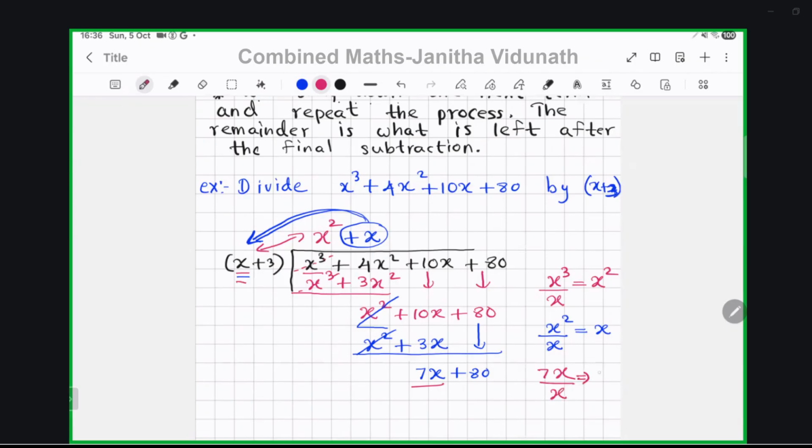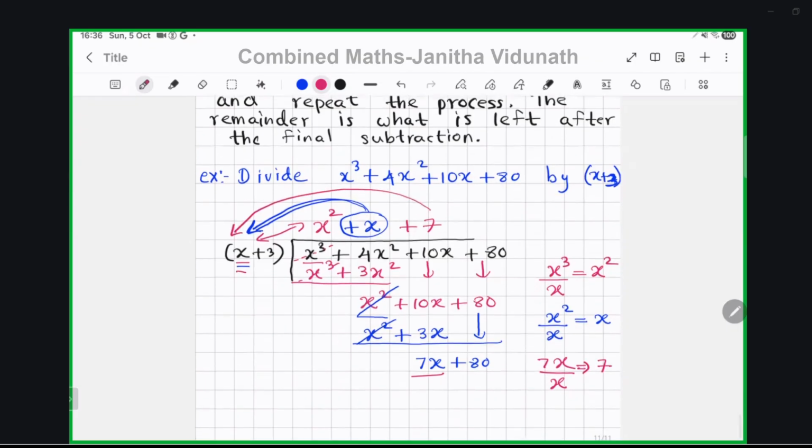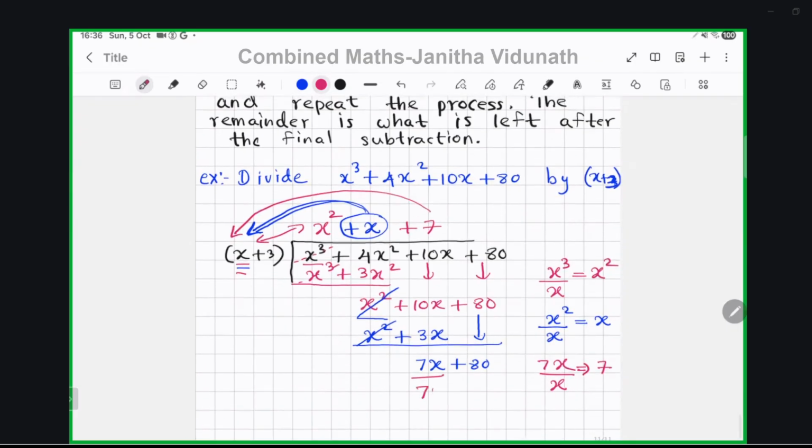It will give the result 7. Then, we need to put plus 7 in our quotient. Then, we need to multiply this number with the entire divisor. That means it will give 7x plus 21. Now we need to subtract those two terms. Then 7x will cancel out and 80 minus 21 means 59.